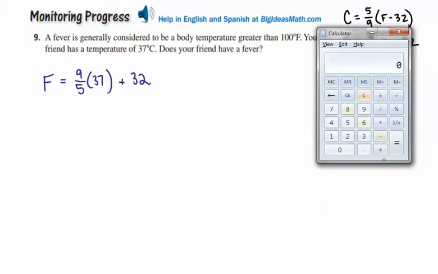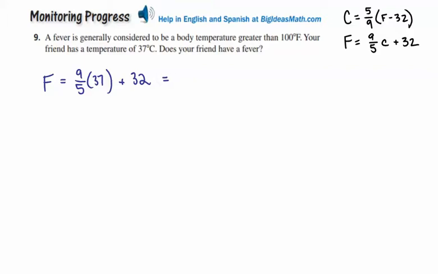So 37 divided by 5 is 7.4 times 9 is 66.6 plus 32, and we get 98.6 degrees Fahrenheit, and you tell your friend you're fine.